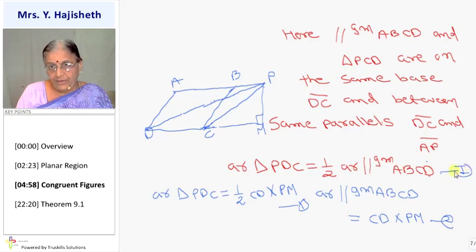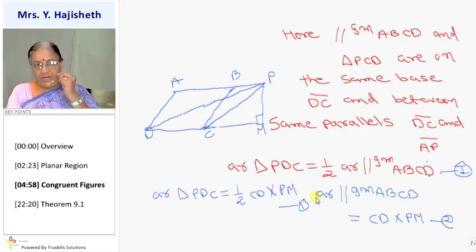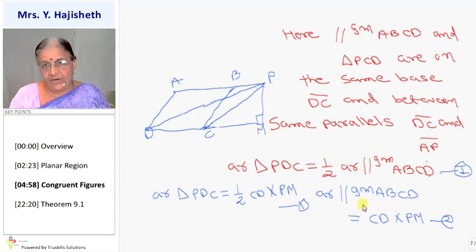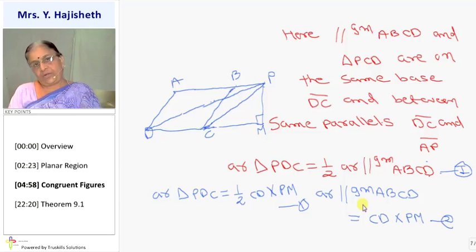Clear? The capital 1 relation depends on number 1 and 2. Triangle का area is 1/2 base into height and parallelogram का area is base into height. So when the triangle and parallelogram are on the same base and between the same parallels, then the area of the triangle is 1/2 times the area of the parallelogram. Okay?